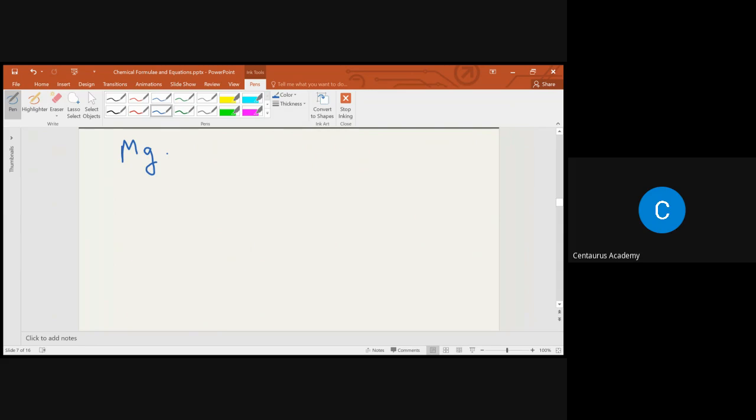What is the formula of magnesium oxide? MgO. And it reacts with nitric acid. Nitric acid is HNO3.